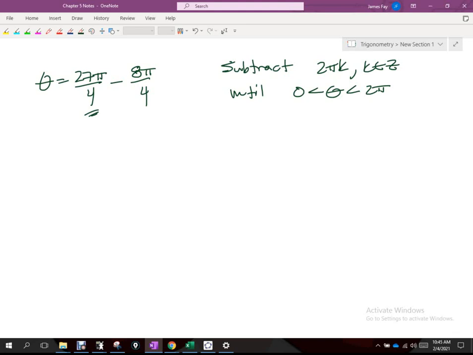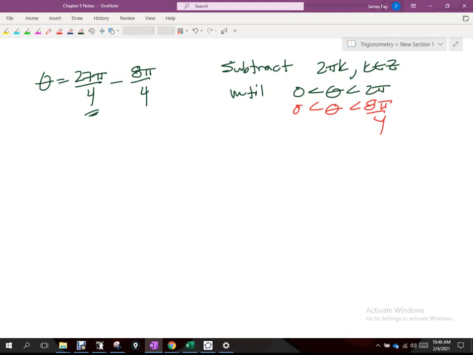I want to stop subtracting once I get theta between 0 and 8 pi over 4. Well, if I take 27 minus 8, do I get something between 0 and 8? No, I get 19. So subtract 8 again, I get 11. Subtract 8 again, and I get 3. Now I stop at 3 because that's between 0 and 8, right?